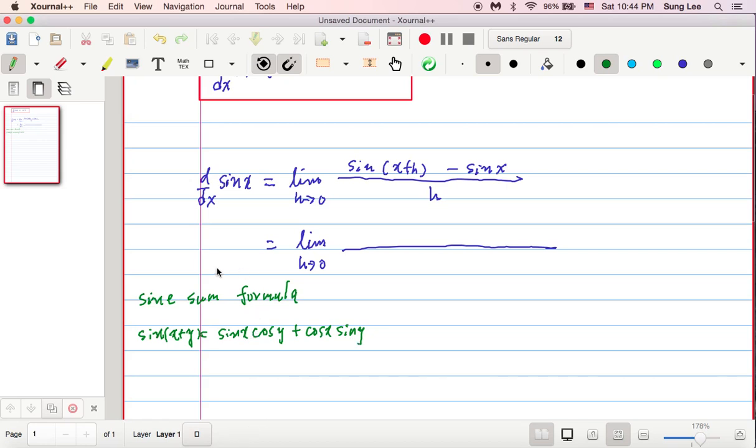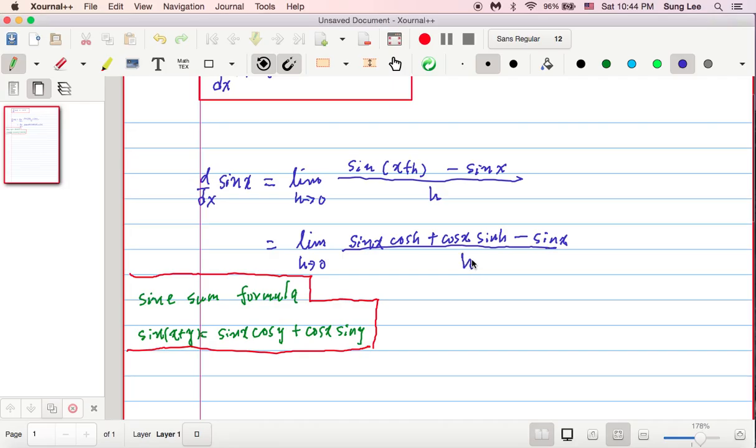Okay, so that's the sine sum formula. So using that, sine of x plus h can be written as sine x cosine h plus cosine x sine h, minus sine x, over h.